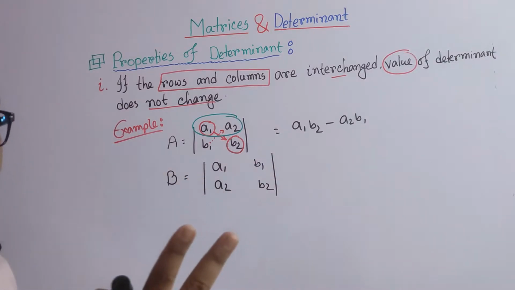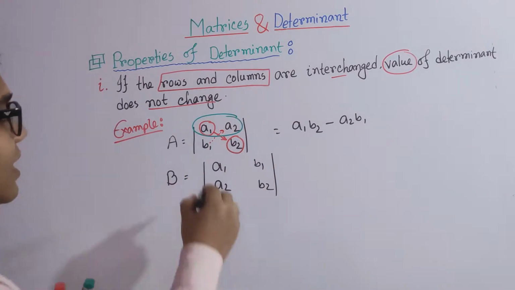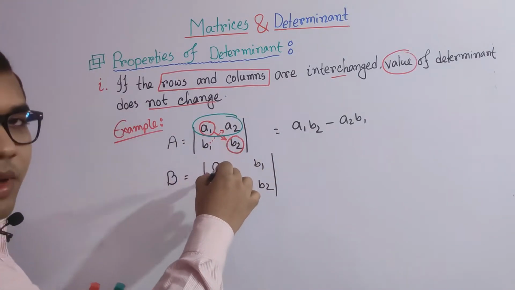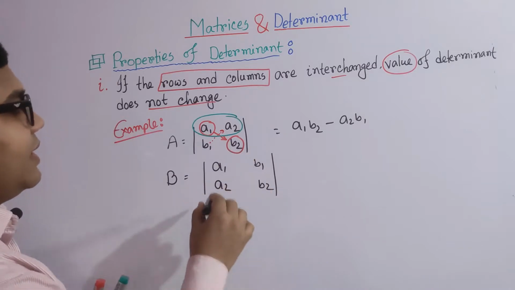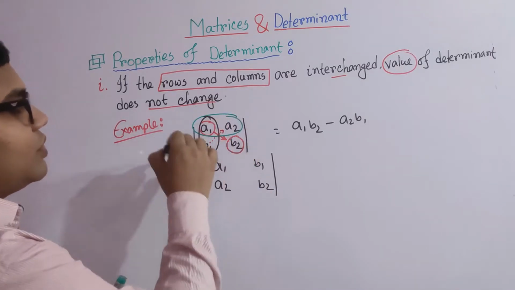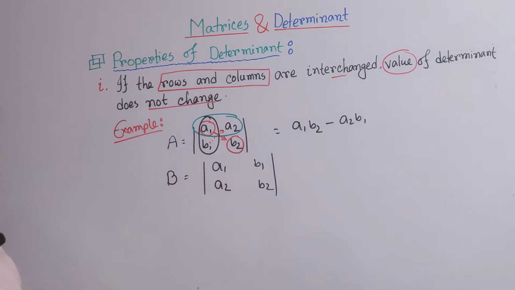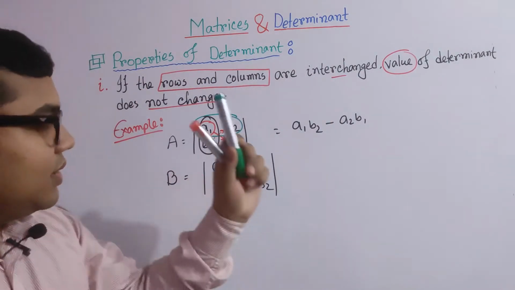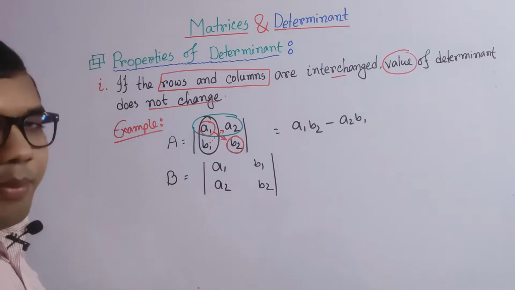Here two things happen at a time: this row has been changed with this column, and at the same time this column is also changed with the row. So our rows and columns have been interchanged. After interchanging, what will happen?